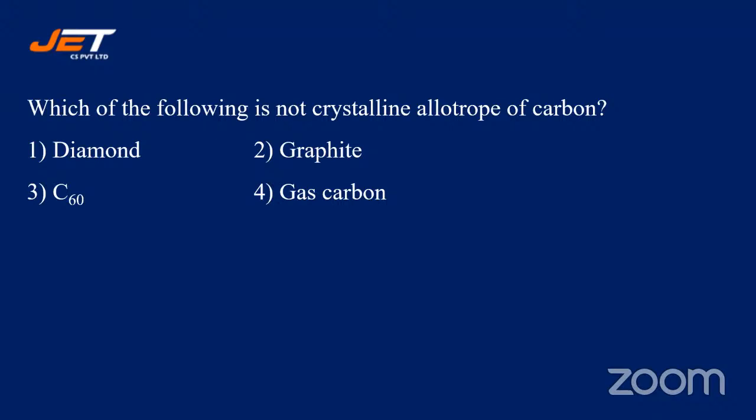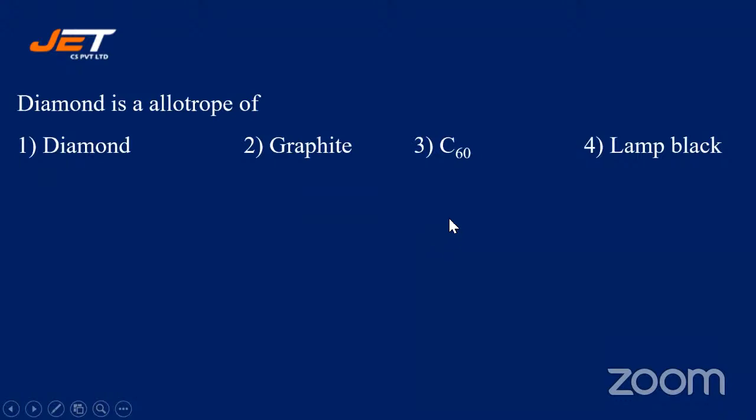Yes, very good. Bhavana, please check. Harshateja, please check. Salma, please check your option. It is not 2. Diamond, graphite, C60 are crystalline allotropes of carbon. C60 is nothing but Buckminster fullerenes. Yes, option 4 is absolutely right answer. Gas carbon is not a crystalline allotrope. Let us move to the next one.